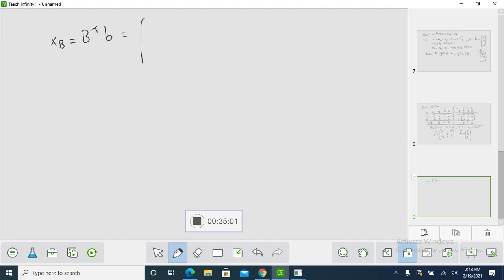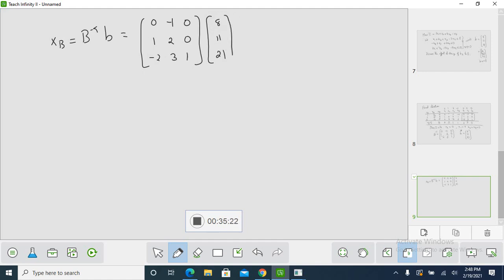So write our B inverse matrix: 0, minus 1, 0, 1, 2, 0, then minus 2, 3, 1, into the B vector. What is the B vector? 8, 11, 21.